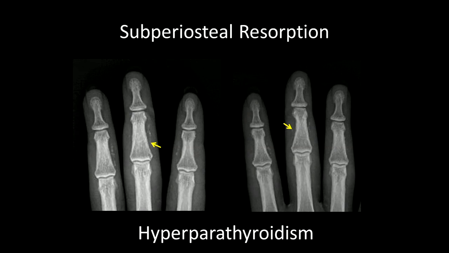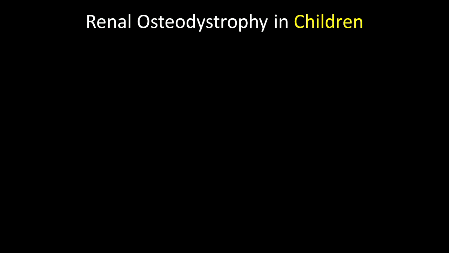If you magnify the fingers, however, you notice bone resorption in the characteristic location, which is the radial side of middle phalanges, where the arrows are pointing. This is a classic finding in secondary hyperparathyroidism.